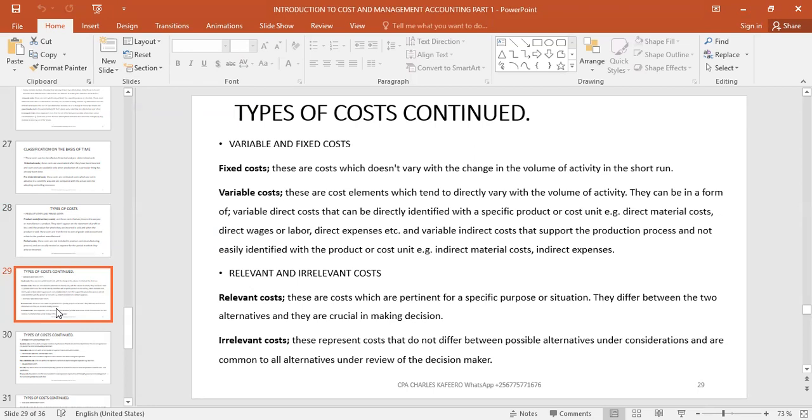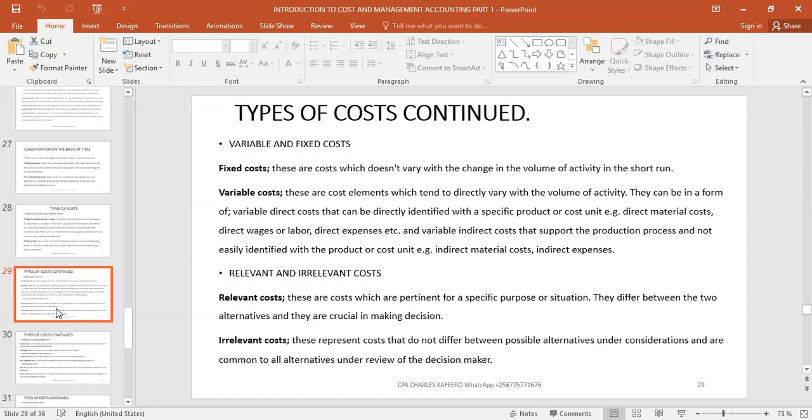Those two words must appear in your definition. If you want to find out more, you can go back to the previous videos, then you'll understand how and why we are supposed to add those words.